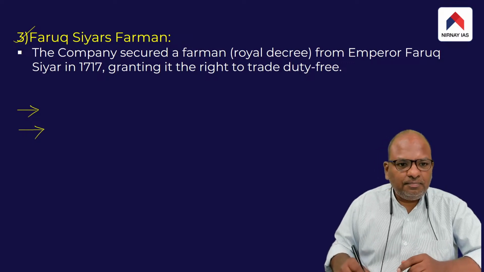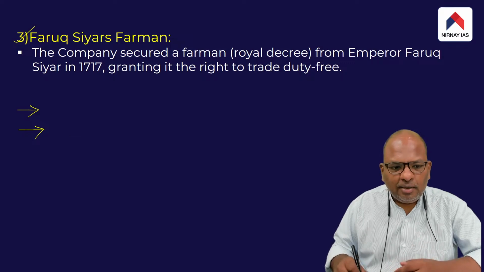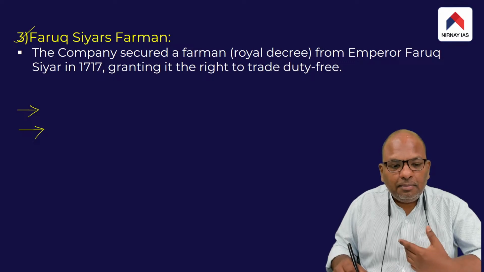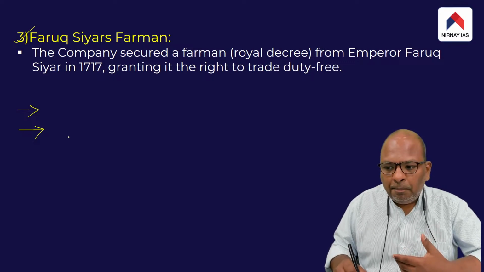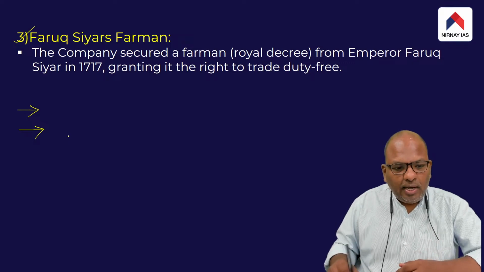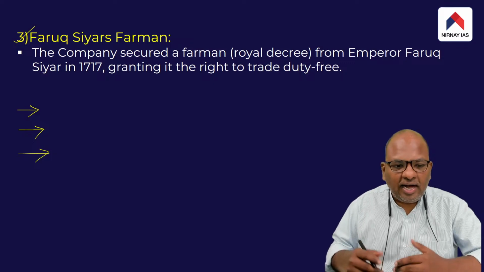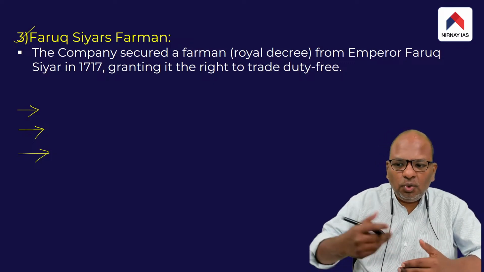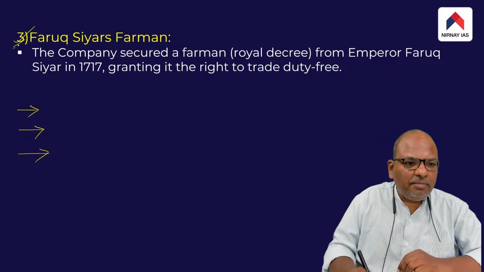As a result of this farman, the East India Company's revenues increased many times. It became a very rich company, and the company used the same resources to hire a large number of troops, that is an army, and use the army to go for the territorial conquest of India. This is what we discussed in our previous class.